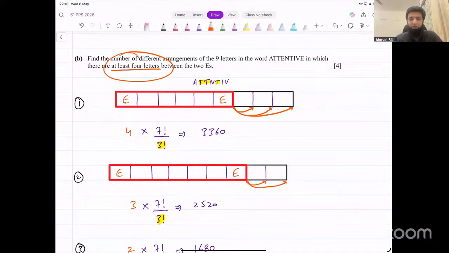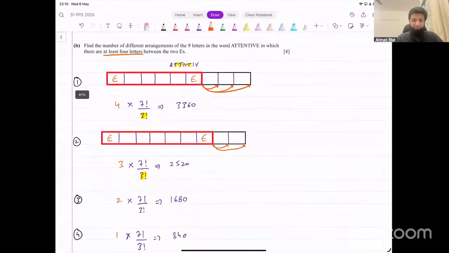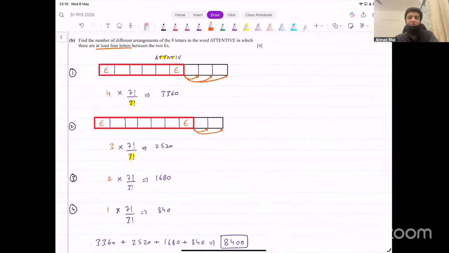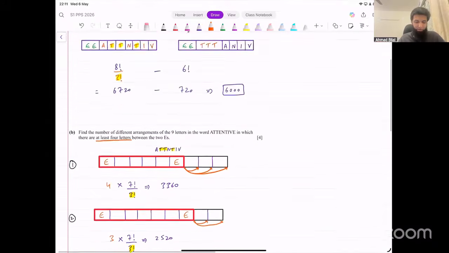Because it will be very hard to do it in one single line in that case, because at least means there are going to be multiple possibilities. You have to consider those multiple possibilities by making cases like this. Okay, let's move on to the next one.